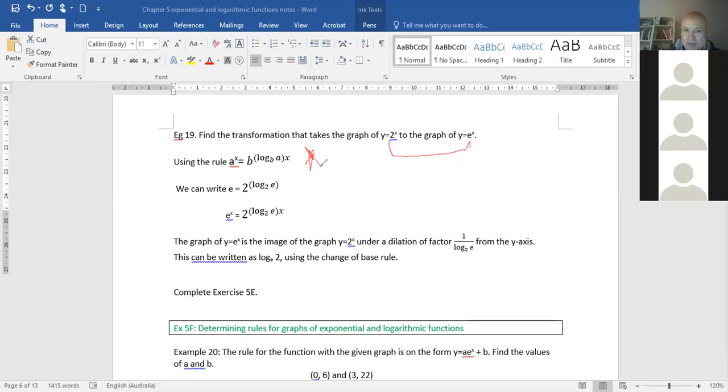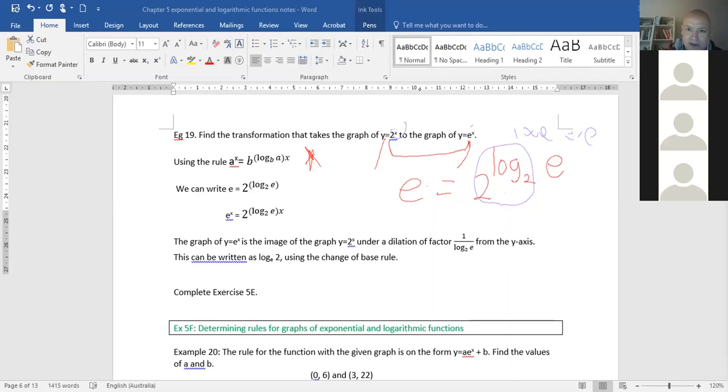Okay, so we'll start off with e. Now, this is base e and this is base 2. So e, I'm going to write it as a base 2, but to get it as a base 2, I have to do 2 to the power of log 2 of e, because that 2 to the log 2 is just 1, and 1 times e is just equal to e. So does everyone agree with that so far? Now we have these x's as powers as well.